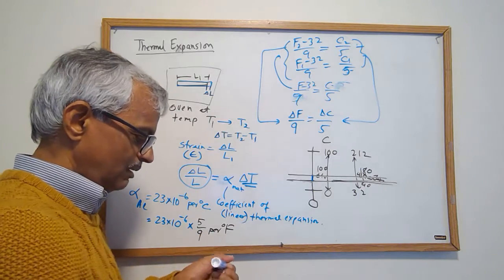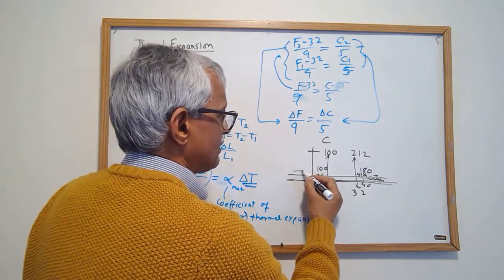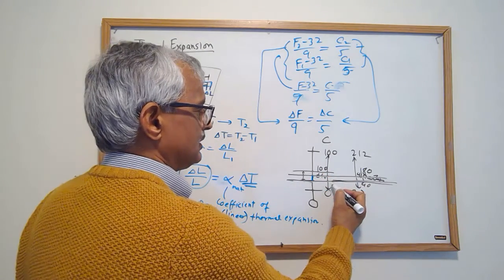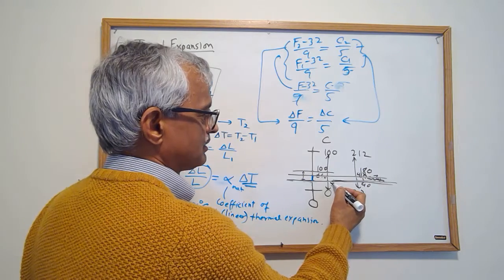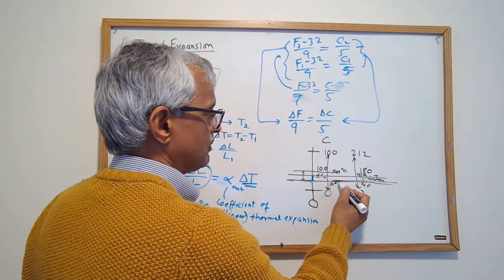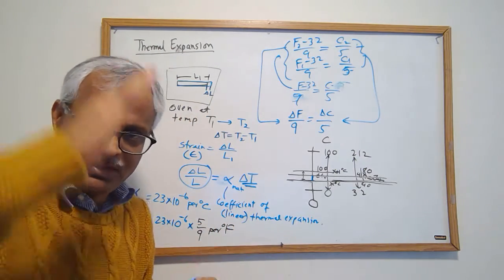But if I do the same thing starting here, that will be, so this was, say, some x plus 1 degree Celsius. So you can see you have increased the temperature more.